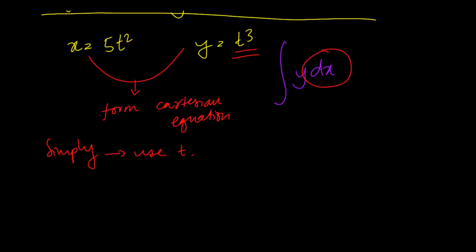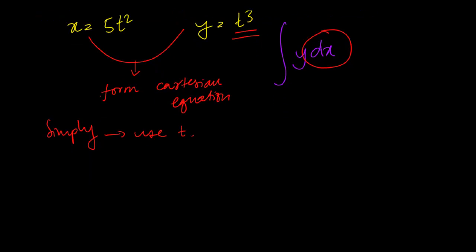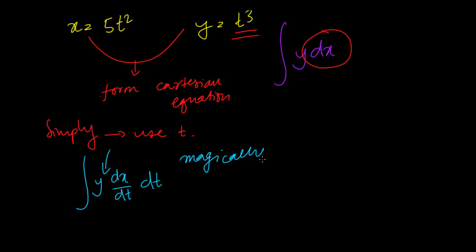Well, most books are going to give you a nice little formula like this: the integral of y dx over dt, dt. And all you gotta do is put dx over dt here and put the t value of y in here, and magically everything will just solve itself out.